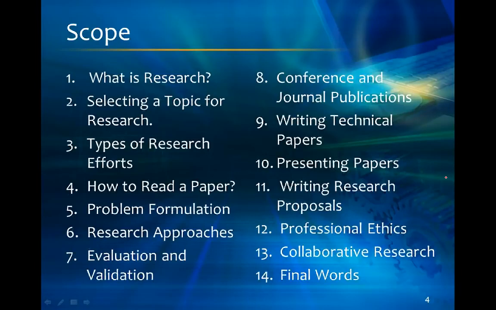Once we do that, at steps 1, 2, and 3, you will have a clear knowledge about what research is. As you go along these steps, you can also start thinking about your own topic, what type of research you want to do, and so on.